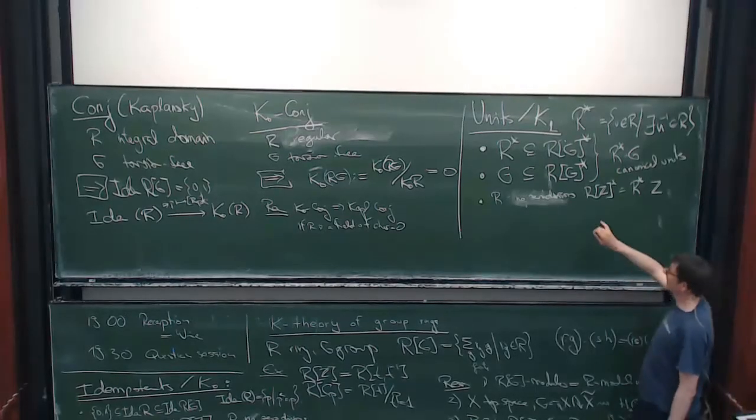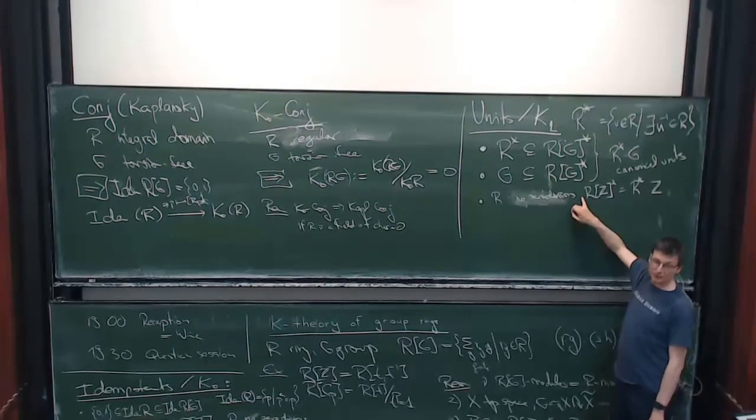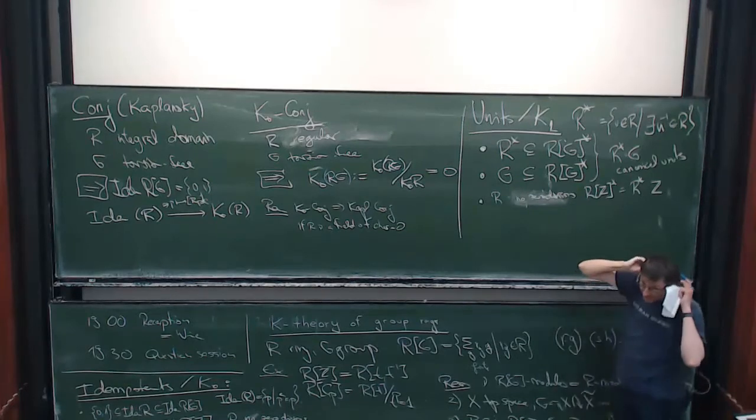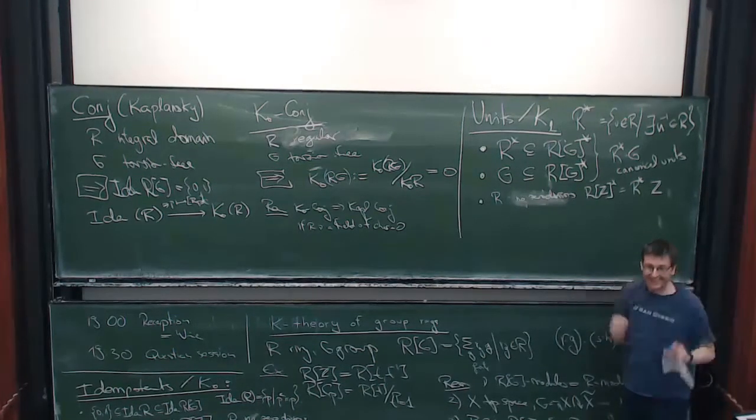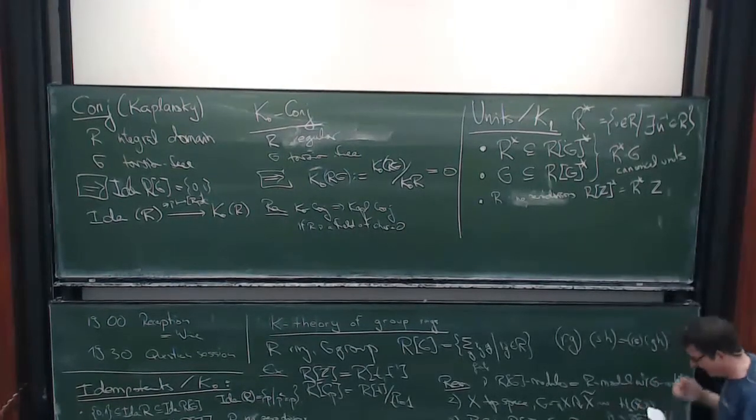This is just units; regular is when I'm going to make the K1 statement. You look at the highest and lowest coefficient and play a game.